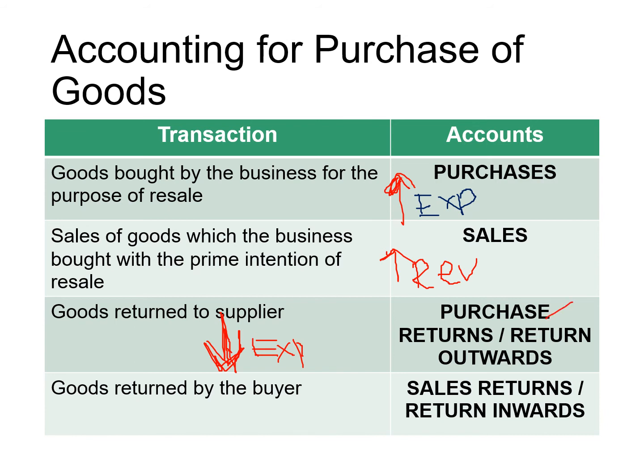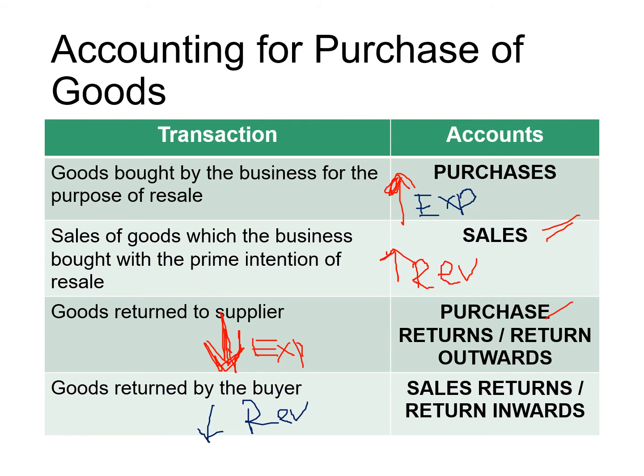Satu lagi case adalah apabila kita dah jual dekat dia kat sini, tapi dia pulangkan balik barang tu kat kita, customer pulang balik. So, bila dia pulang balik, dia bukan expenses. Okay, dia adalah opposite kepada revenue, which is dia akan mengurangkan revenue.